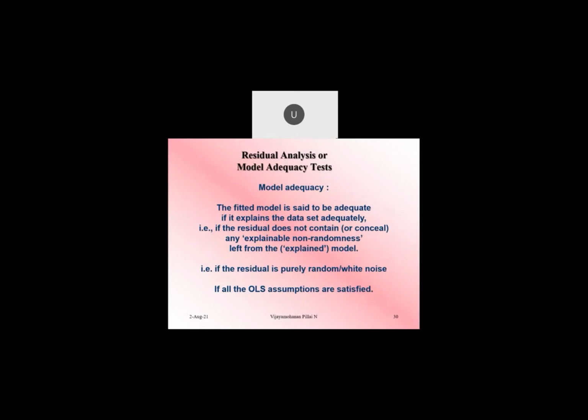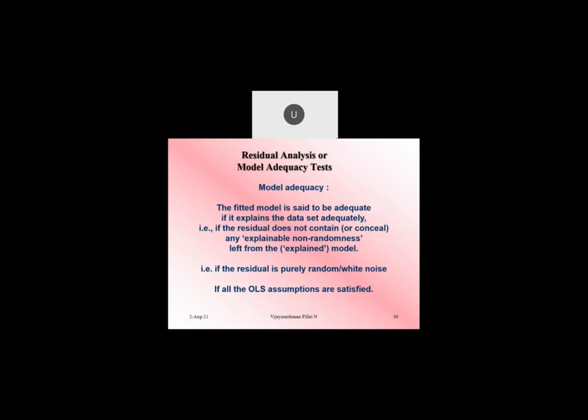We know non-randomness or explainable non-randomness refers to some patterns, and patterns represent information. So if the residual actually has some information, some explainable information, then that particular model is not adequate.